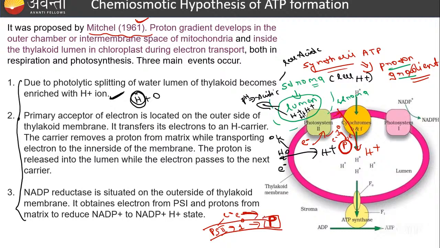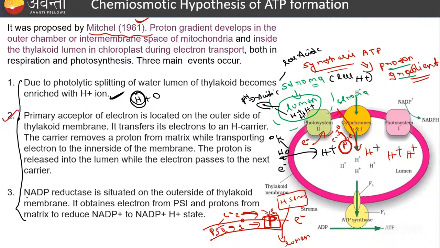So the proton acceptor says, give me that electron, I will keep it, but I will transport the proton from the stroma to the inside of the lumen. While passing the electrons, he has to do work also, so he will transport the protons from the stroma to the lumen. Due to that, the protons increase inside the lumen. This is the second.